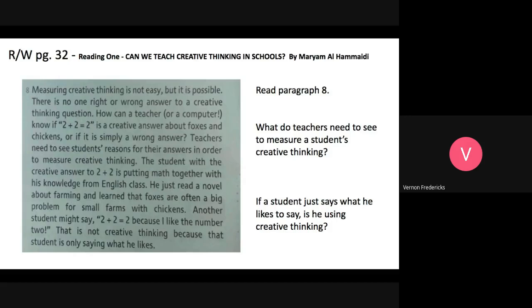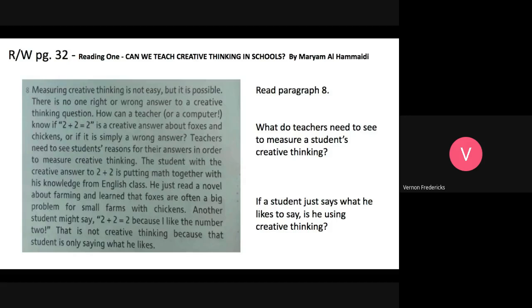Okay. So question number 1 is, what do teachers need to see to measure students' creative thinking? Does anybody know? Okay, so let's have a look at the answer. A teacher needs to see the student's reason why he is saying 2 plus 2 equals 2.